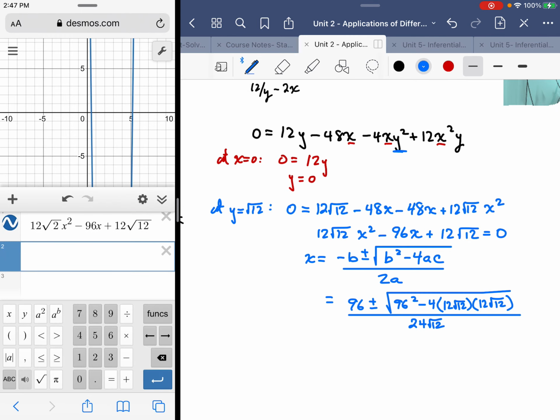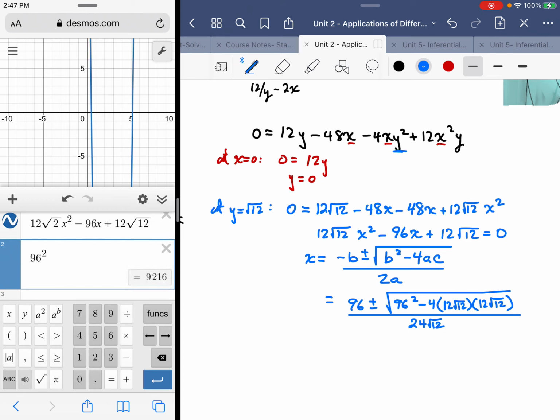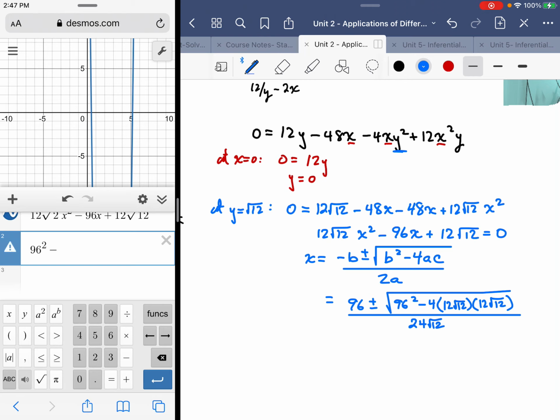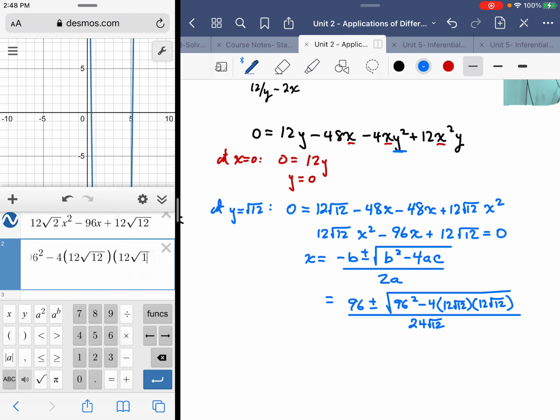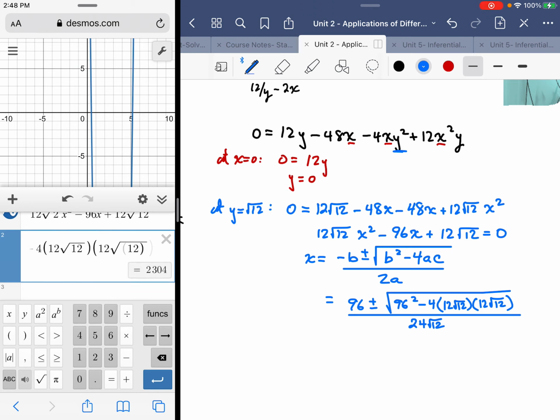All right, so we're looking at 96 squared minus 4 times the a value times the c value, which is 12 times 12 times 12, so 12 cubed, but you could also just write it in. So root 2304, not too pretty.